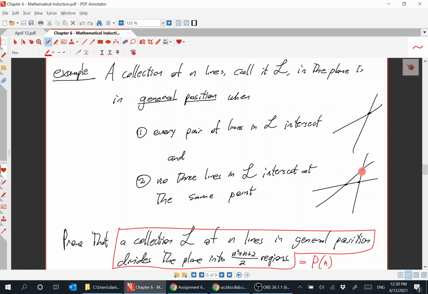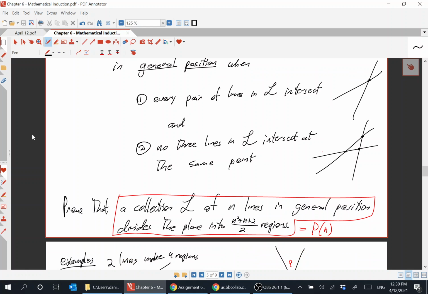So every pair of lines intersect, but you never get three lines intersecting like that. So we want to prove that a collection L of n lines in general position always divides the plane into (n squared plus n plus 2) over 2 regions.